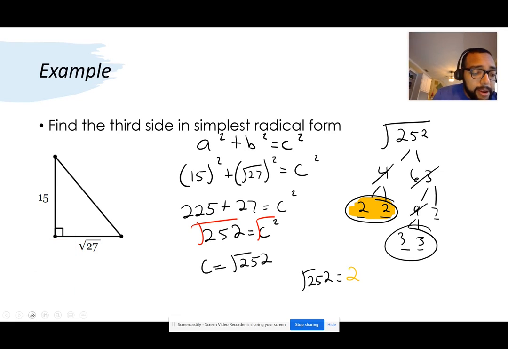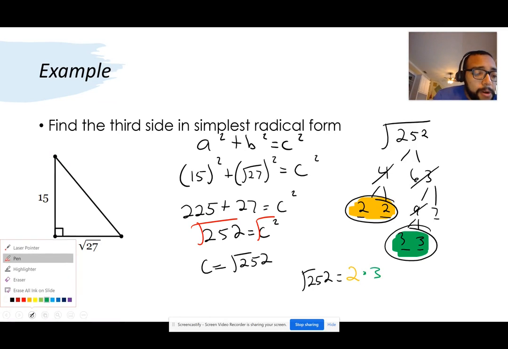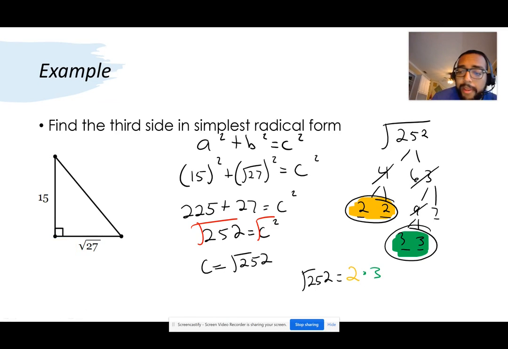So this pair here, we'll do this green. So 3 would then go on the outside as well. And anything that's left over, I'll tend to box it up, and then that will go inside the square root. Oh, my bad, not 3, it'll be a 7.